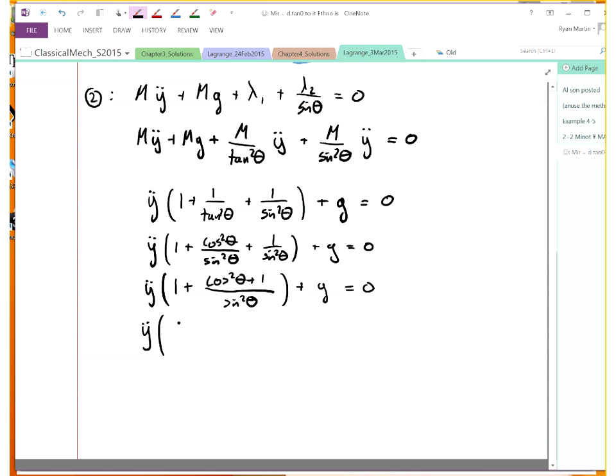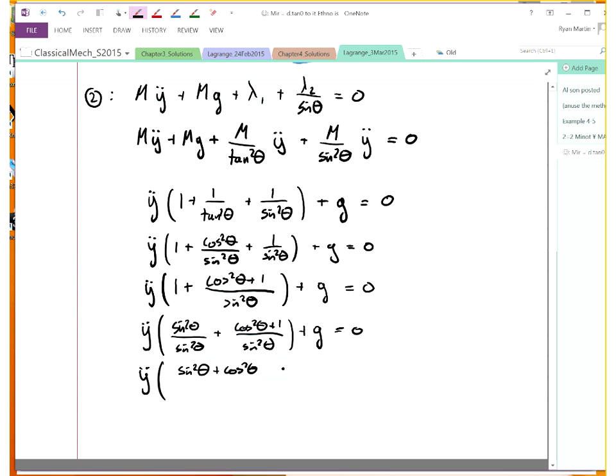So now I want to add the term 1 to the other ones, so I want to put the term 1 over the same denominator. So then I have sine squared theta over sine squared theta plus cos squared theta plus 1 over sine squared theta. Right, I'm just putting everything over the denominator sine squared theta so I can add them.